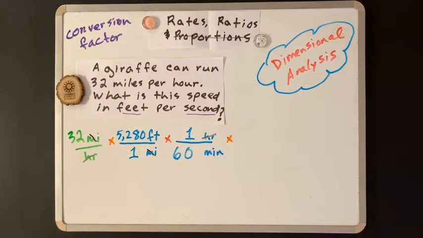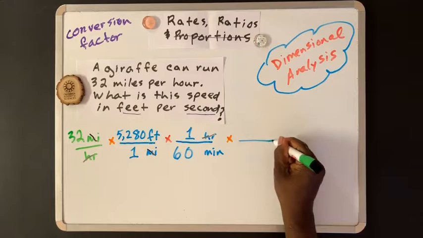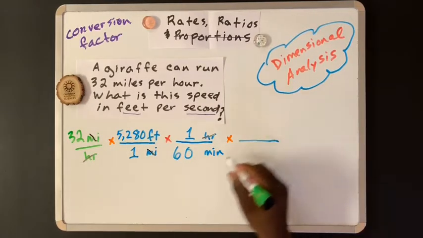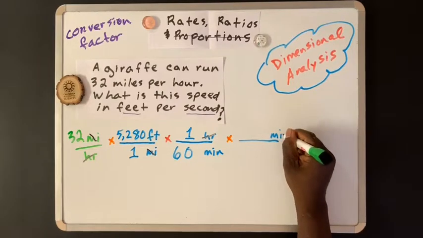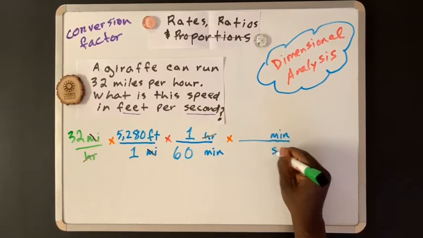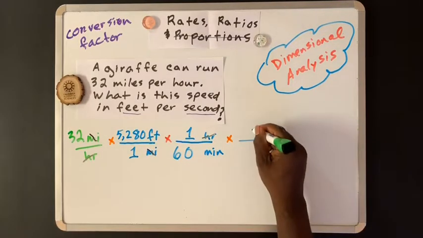So now we prepare to multiply again by our ratio, and we need to convert minutes to seconds. So what should go in the numerator? I got minutes down here. Right. Minutes goes here, and then seconds goes here. So how many seconds in 1 minute?